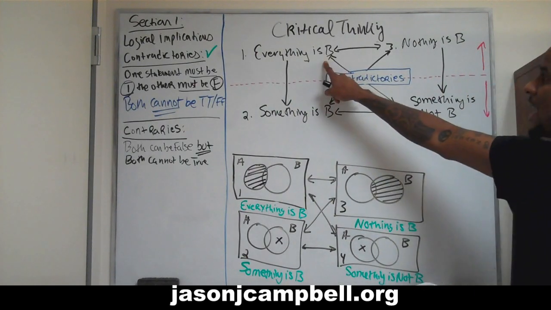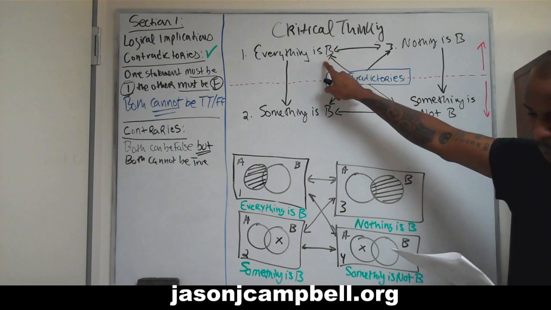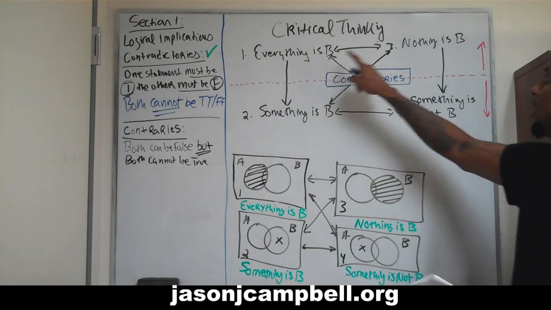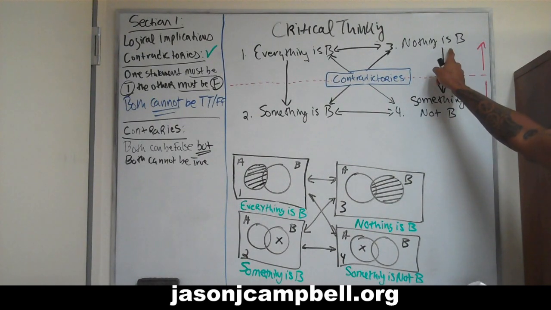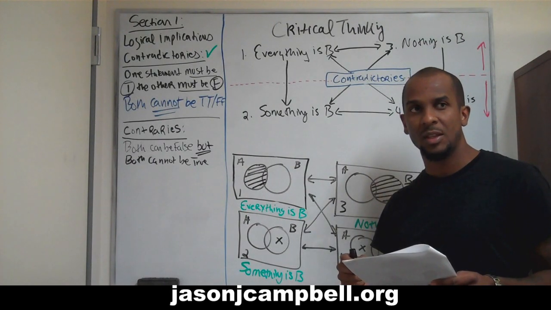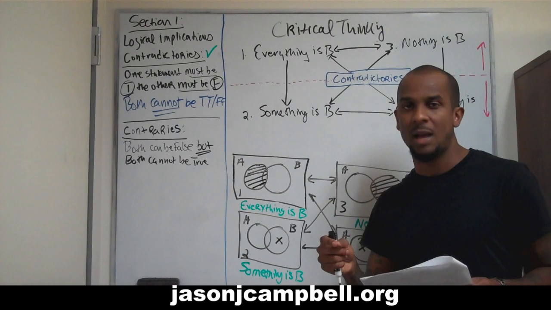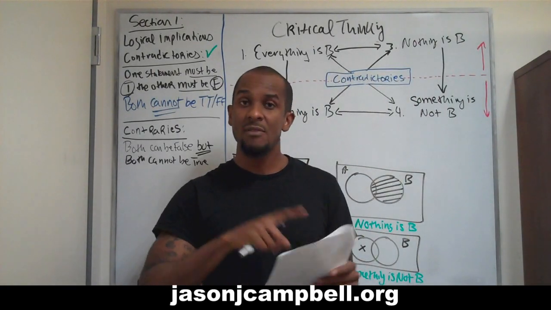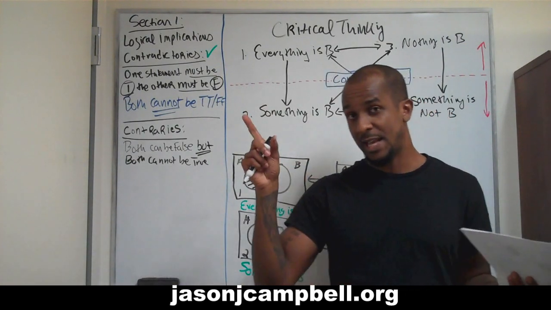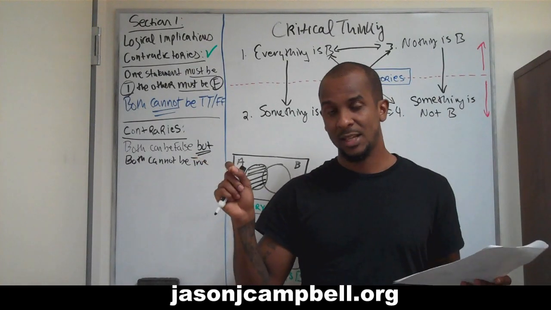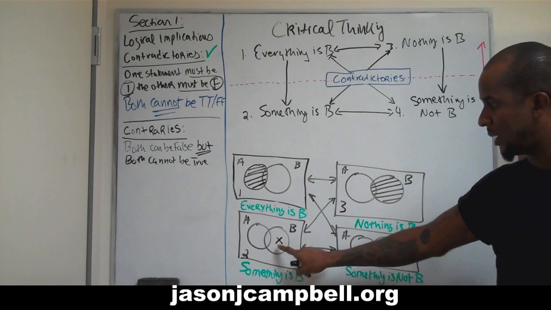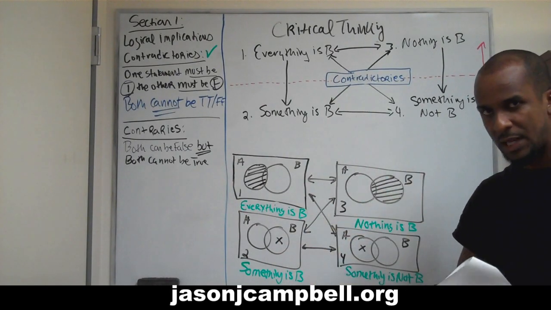If it's false that everything is B, that's not true, and it's false that nothing is B, then what I'm saying is that it's at least possible that something is B. I'm not saying that everything is B, and I'm not denying the existence of B. I'm just saying that all of it isn't B. Then at least it's the case that something is B.